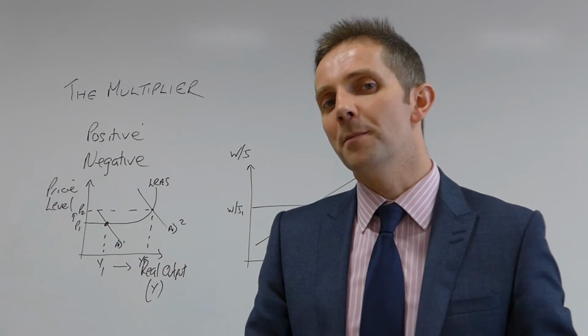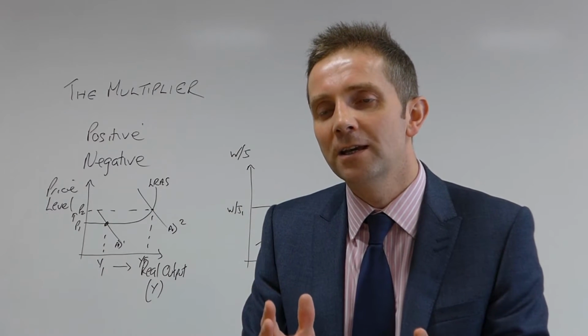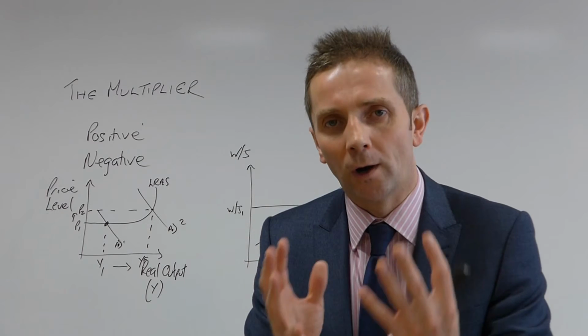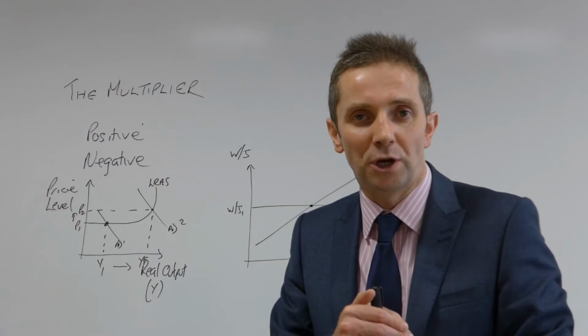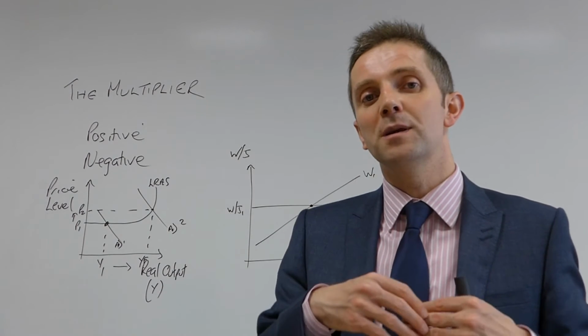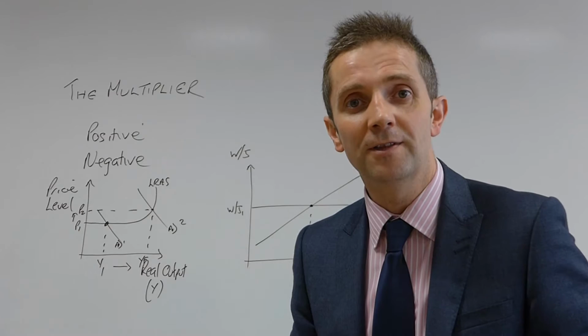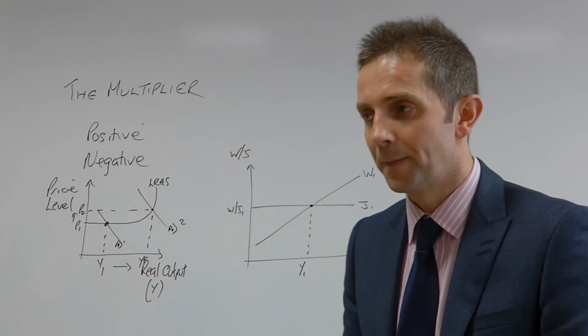Because of this thing called the multiplier process, the national income of the economy will grow by more than the size of that initial injection. So let's say the government injects £100 in, the economy might grow by £500. So the size of the multiplier in that instance would be 5.